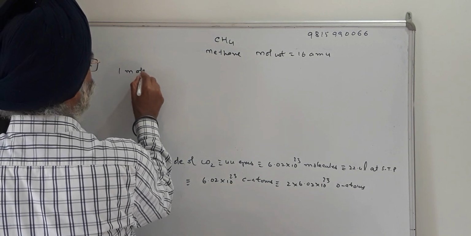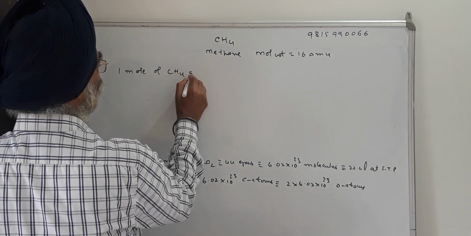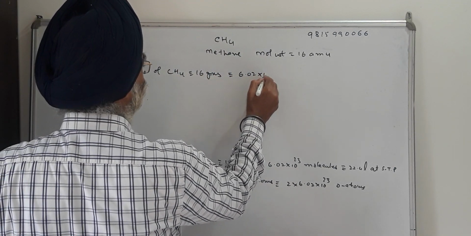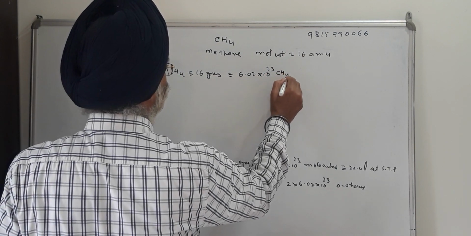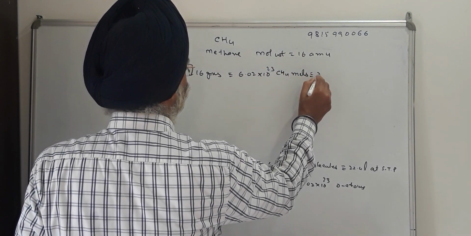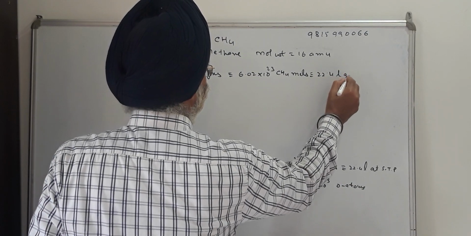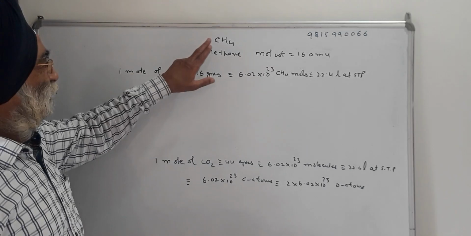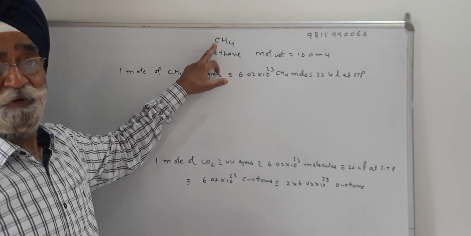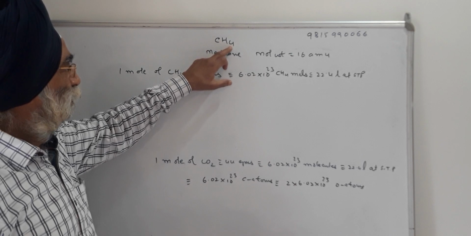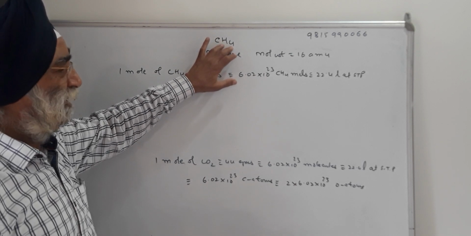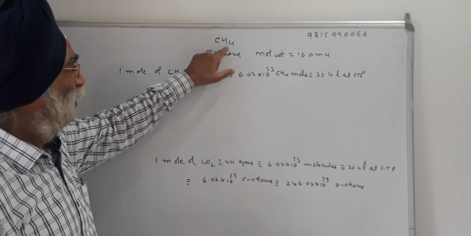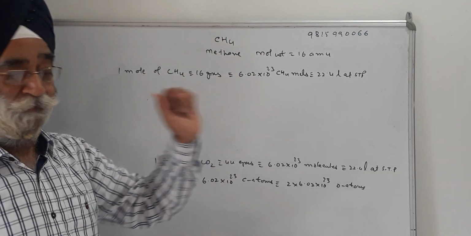1 mole of methane is 16 grams, has Avogadro's number of methane molecules, and occupies 22.4 liters at STP. It has Avogadro's number of carbon atoms and 4 into Avogadro's number of hydrogen atoms. The last point, it has 5 into Avogadro's number of total atoms.